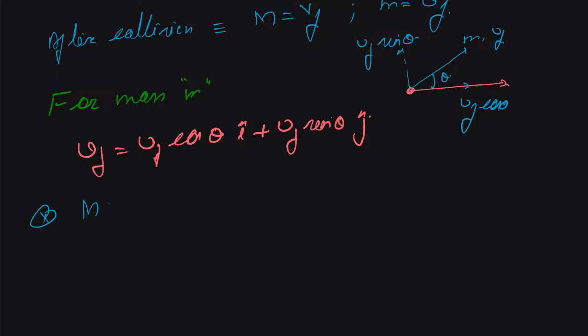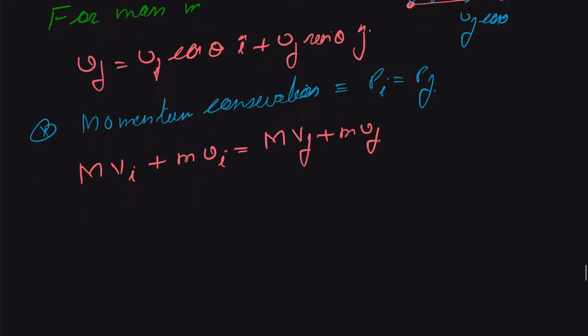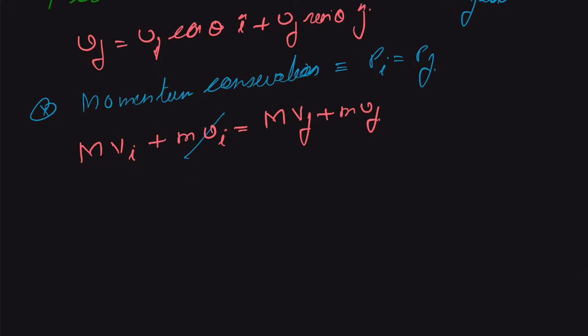So you can say momentum conservation, which basically means initial momentum is equal to our final momentum, and initially only mass capital M was moving. So we can write this as m v_i plus small m v_i is equal to M V_f plus small m v_f, and initially this small v_i was 0, and this V_initial is equal to v0.